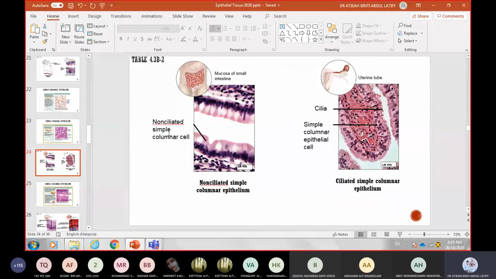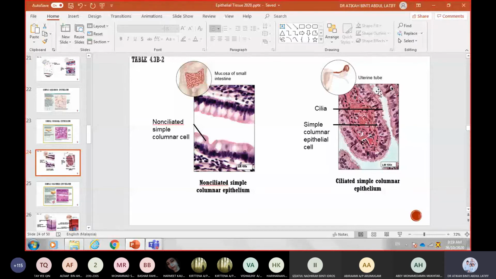Another type of epithelium, example we give here is non-ciliated simple columnar epithelium, and this is ciliated simple columnar epithelium. Remember, we have some parts. We have cilia. Cilia are motile processes that help to move things, move structures or certain substances.